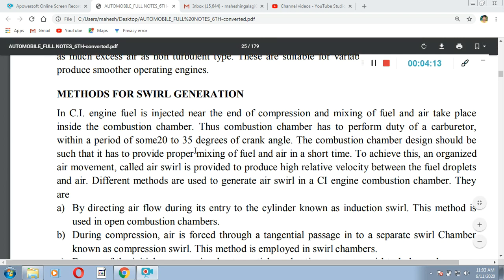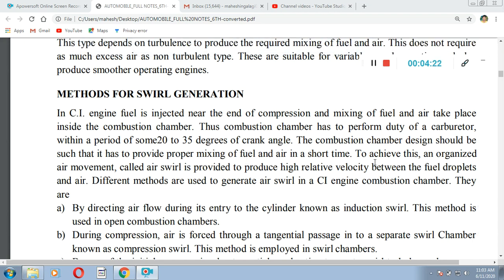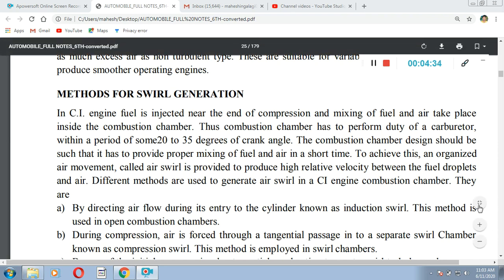The combustion chamber design should be such that it provides proper mixing of fuel and air in a short time. To achieve this, an organized air movement called air swirl is provided to produce high relative velocity between the fuel droplet and air.